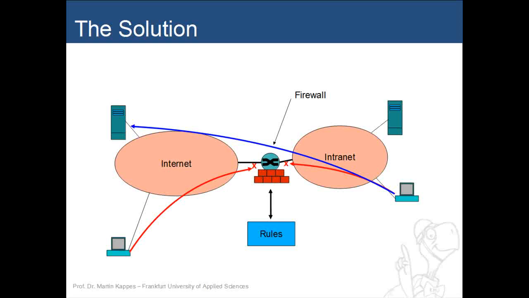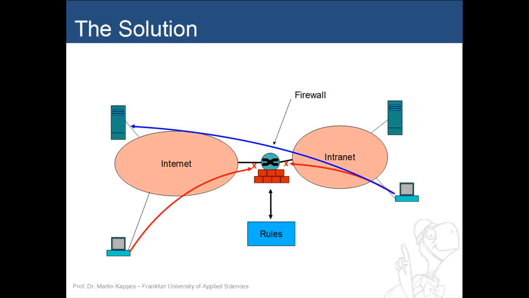Depending on size and type of intranet, the firewall can in fact consist of a lot of different types of components. We will discuss packet filters and application level gateways today.